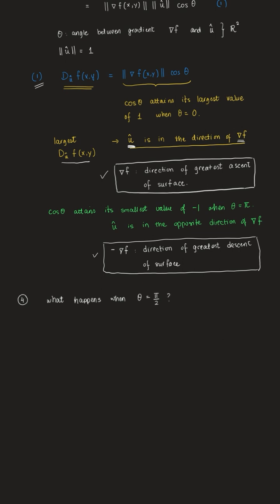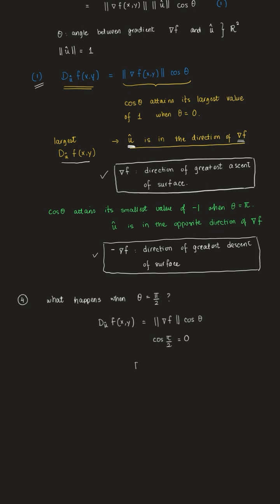Right, so let's recall that in our directional derivative, we have the magnitude of the gradient times the cosine of the angle between the gradient and the unit vector. If theta is pi over 2, well, cosine of pi over 2 is 0.